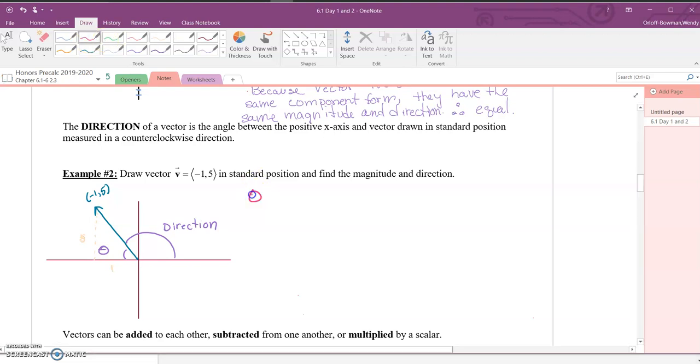So theta equals tangent inverse of 5/1. That gives me approximately 78.7 degrees. So my direction is simply going to be 180 degrees minus 78.7 degrees, and that will give me approximately 101.3 degrees.